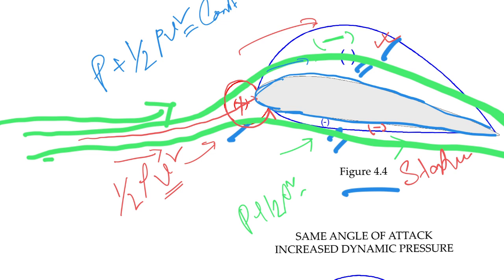Okay, so what is happening? We are having positive pressure over here at the leading edge. Okay, and we have negative pressure at the upper surface of the wing. Also we have negative pressure at the lower surface of the wing, but the difference of the negative pressure, the static pressure, let's say here the static pressure is 5, here the static pressure is, let's say, 10.